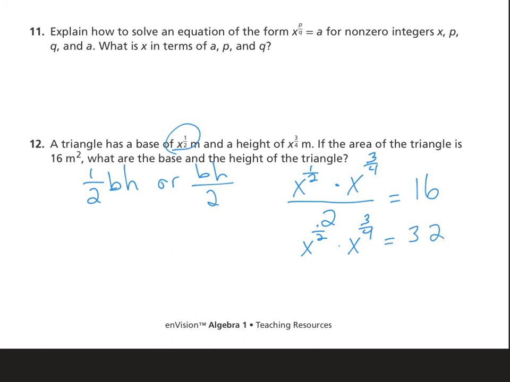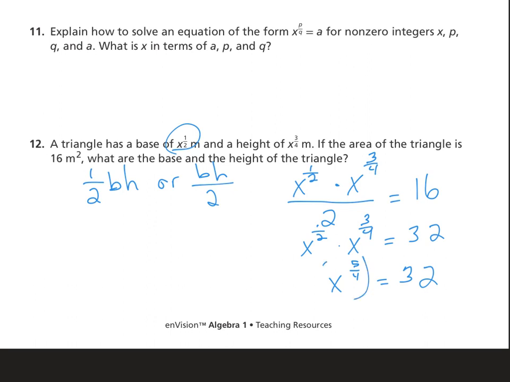I'm going to combine my x's. 1/2 plus 3/4 is x to the 5/4 equals 32. So how do I get rid of x being to the 5/4 power? Just like when we had x to the 1/2, we're going to raise it to the reciprocal power.